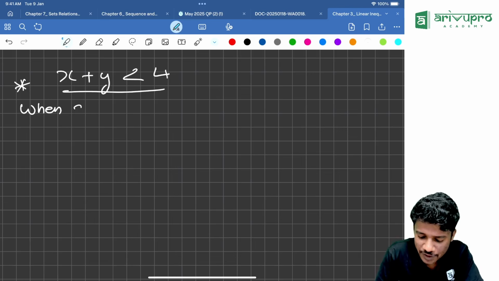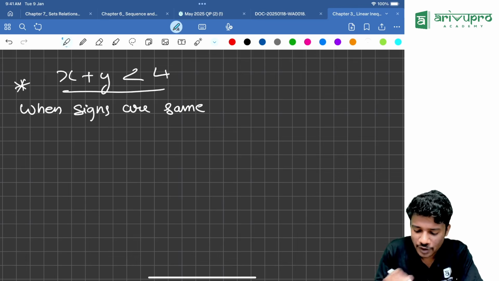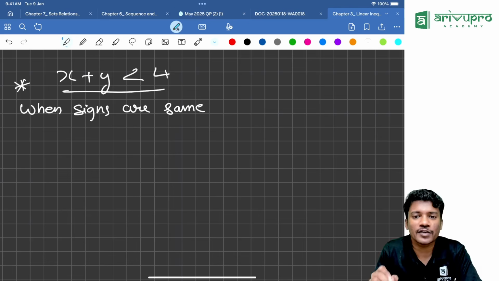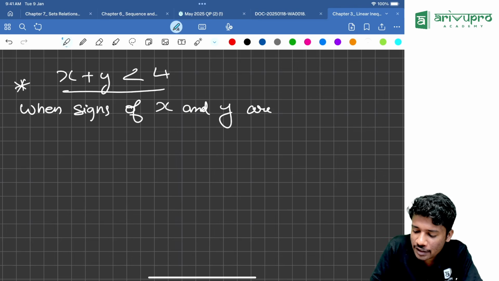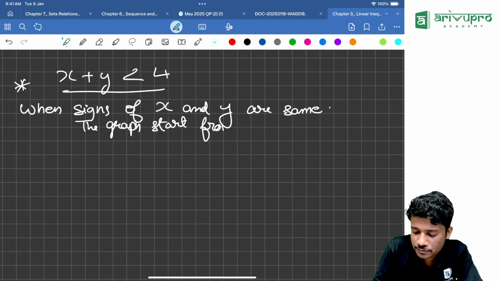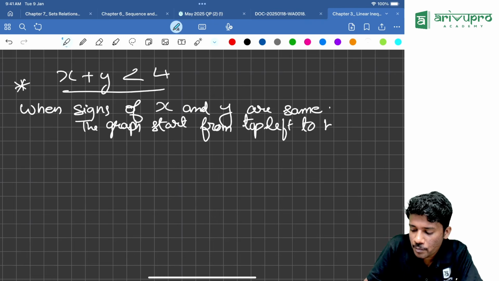So when signs are same, that means in the equation when the signs of x and y are same, you can say the graph starts from top left to bottom right.